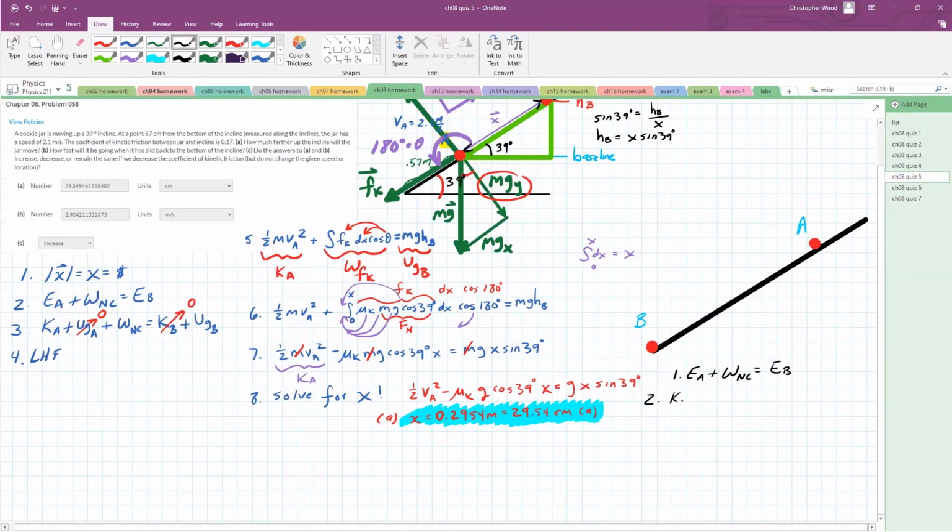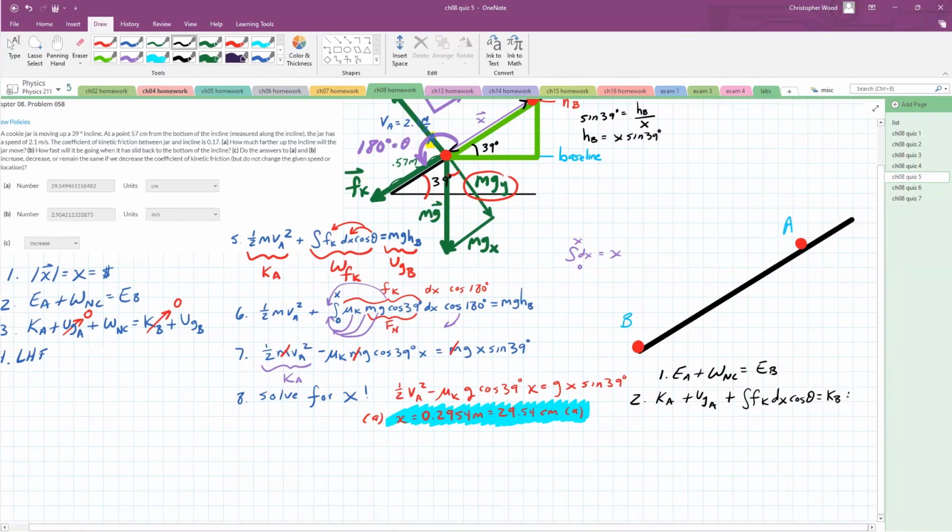At A, kinetic energy plus gravitational potential energy plus, I'm just going to do this, F sub K dx cos theta equals kinetic energy at B. There's my dollar sign, plus UGB. Better add a baseline here. Here's my baseline.